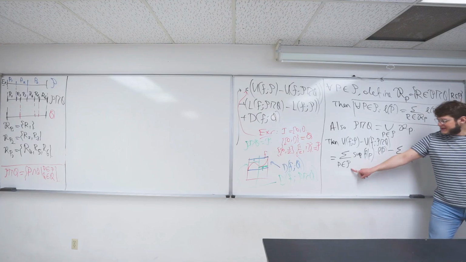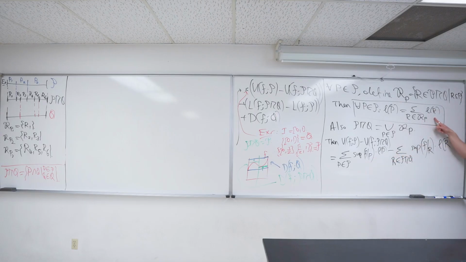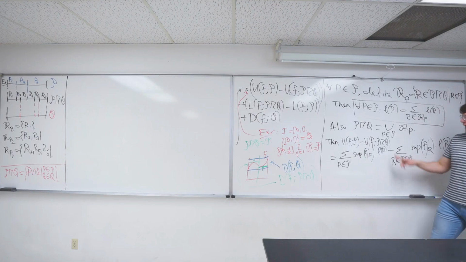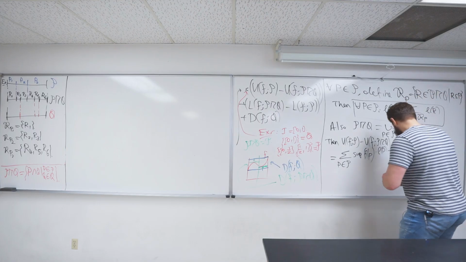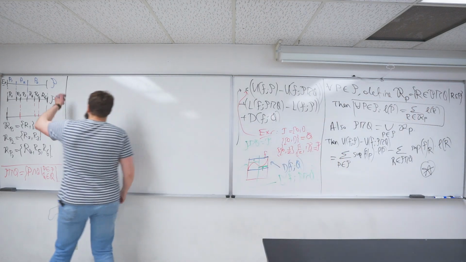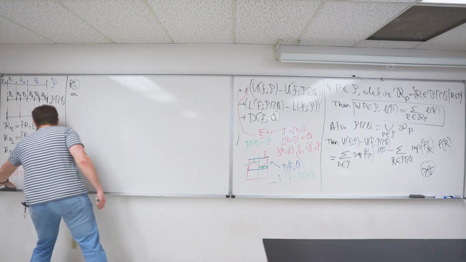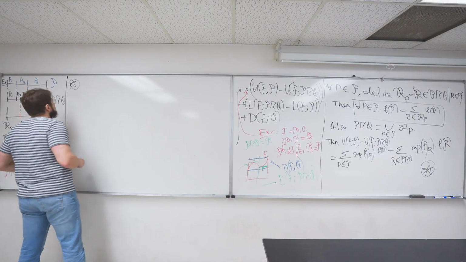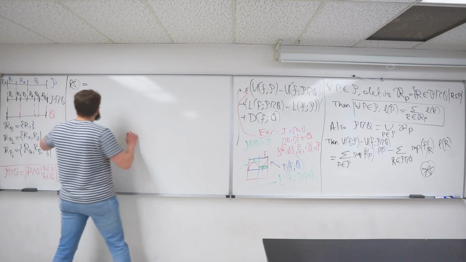Now, for each p, I'm going to replace L of p by this expression. And instead of adding over this, I'm going to add over all p's and then over all r sub p's. Continue from here. That is equal to, I'll do this in multiple steps so that we see what is happening.